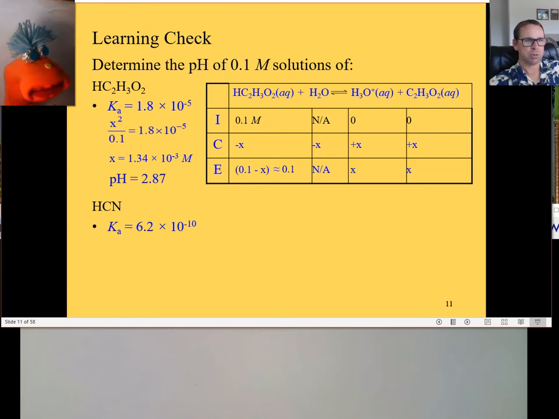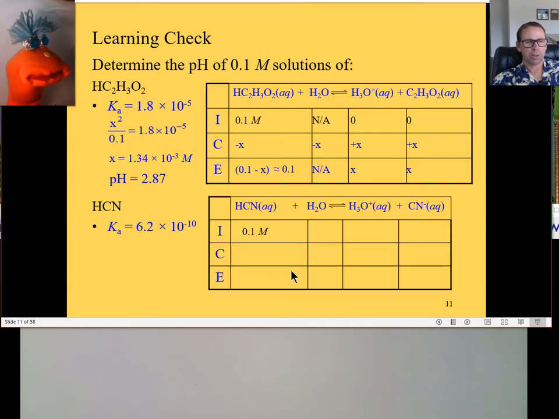So it's going to be the same as this one: minus X, plus X, and plus X. And then the result is going to be X squared over 0.1 again equals 6.2 times 10 to the minus 10. Maybe we should let the folks try to do that at home, copying this material and find out what the pH of the resulting solution is.